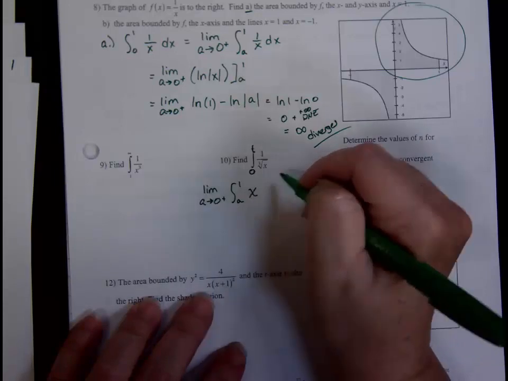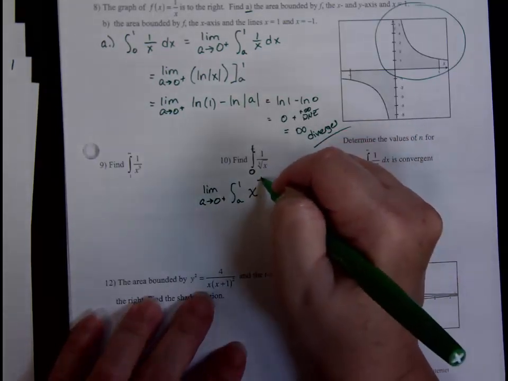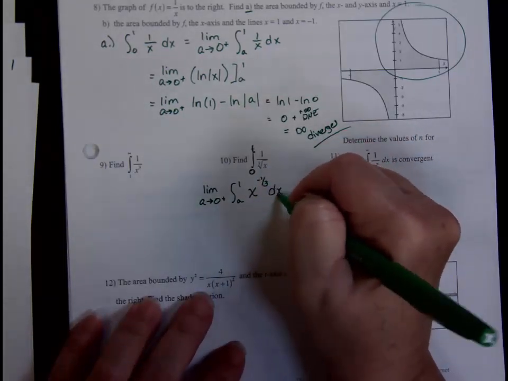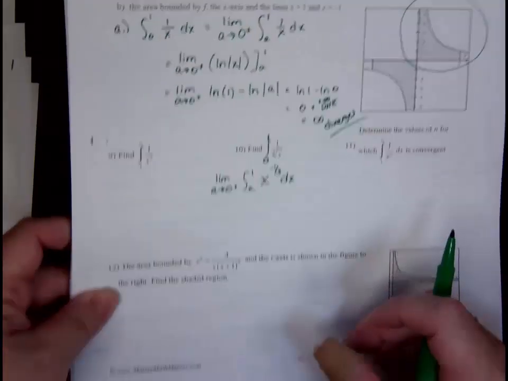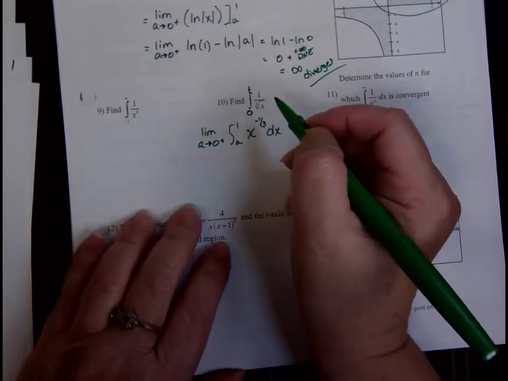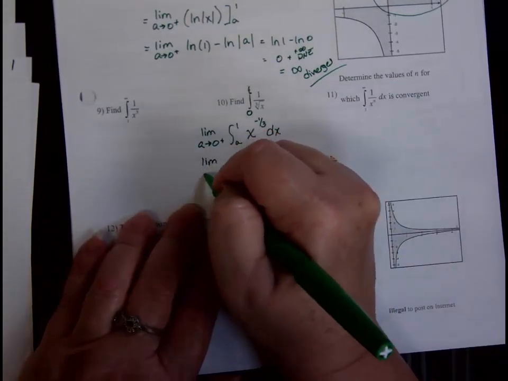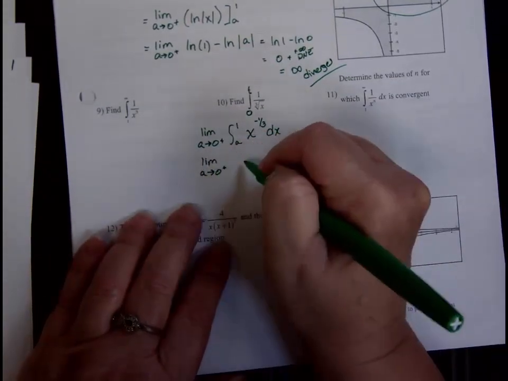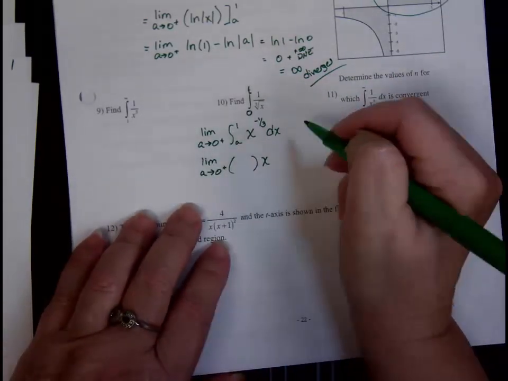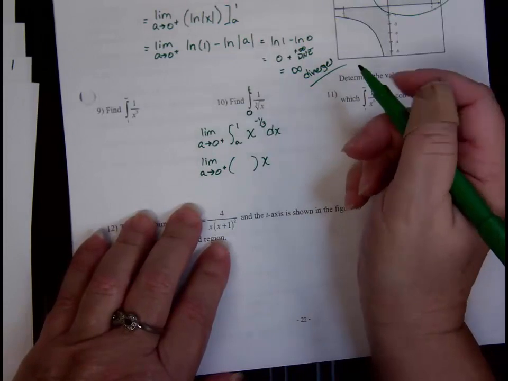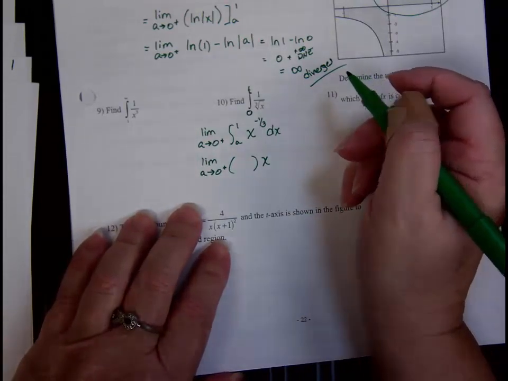Let's go ahead and bring it up at the same time. It's going to be x to the negative 1/3. Very good. dx. All right. So now we take the antiderivative. A approaches 0 from the right. Parentheses. What does x's power become? 2/3.